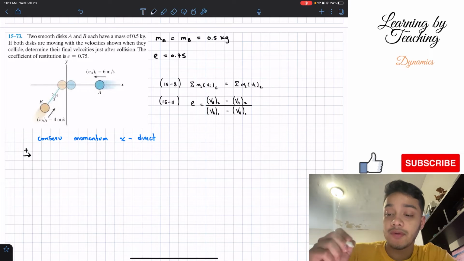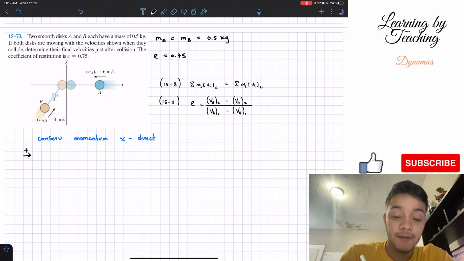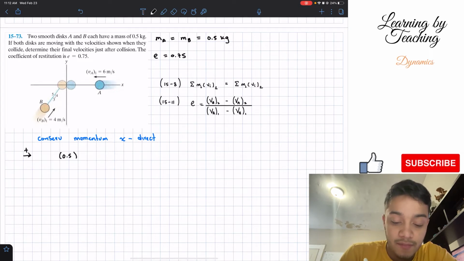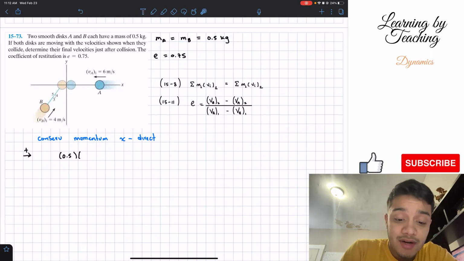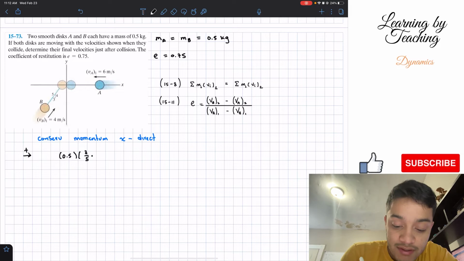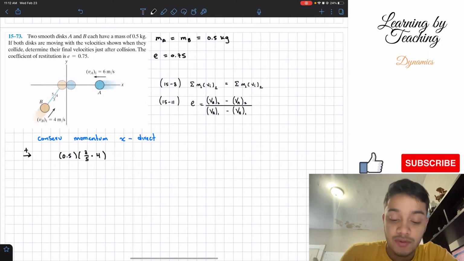So we need to do the summation of the masses times the velocity. We have the mass of disk B, 0.5, multiplied by its velocity. The velocity in the x direction is going to be 3 over 5 times its magnitude, which is 4.